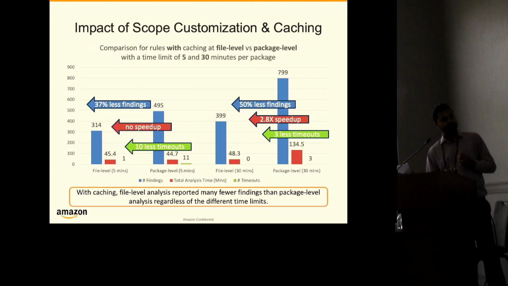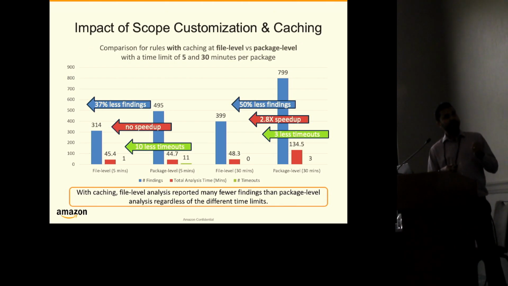So here, as you can see, with caching enabled, there is no speed up with the file level. But there are 37% fewer findings in the file level, which means that a lot of these injection errors are being captured at the package level. When you set the analysis scope to package level, that's when you find a lot of this data flow analysis, data flow reachability, where starting from the source, you reach a particular sink across the different files in that same package, right?